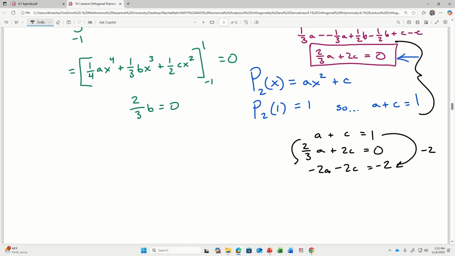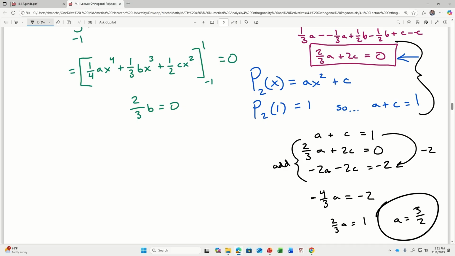And then I'll add these. So that way I get -4/3 a, the c's cancel, equals -2. Divide both sides by -2. So a equals 3/2.